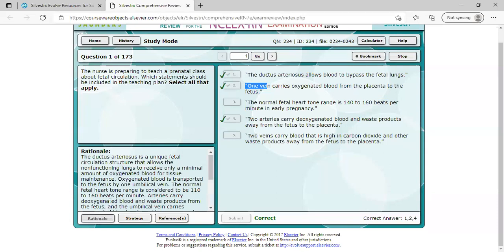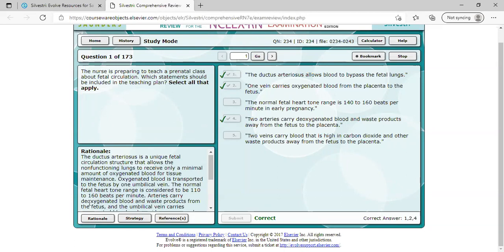What is the rationale? What do they say? The ductus arteriosus is a unique fetal circulation structure that allows non-functioning lungs to receive only a minimal amount of oxygenated blood for tissue maintenance. Oxygenated blood is transported to the fetus by one umbilical vein. The normal fetal heartbeat is considered to be 110 to 160 beats per minute.